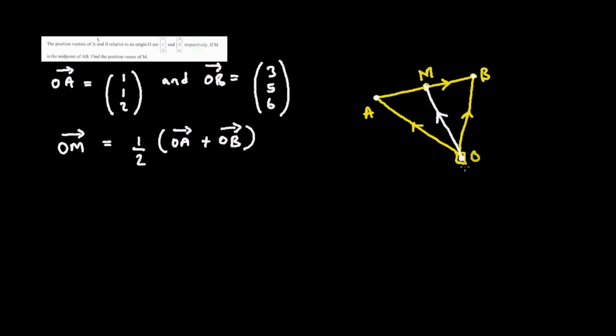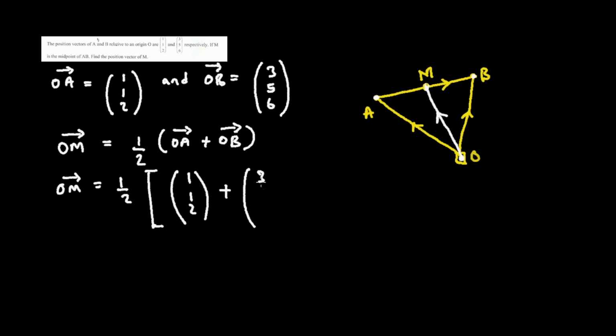Then if we add OA na OB, that is how we are going to find OM. Saka OM inenge iri equal to, OM is equal to half of, what is OA? OA ndi (1, 1, 2) plus OB ndi (3, 5, 6). Like this.